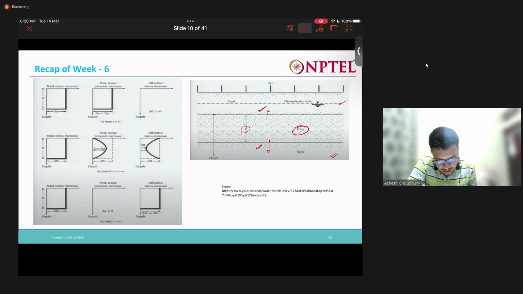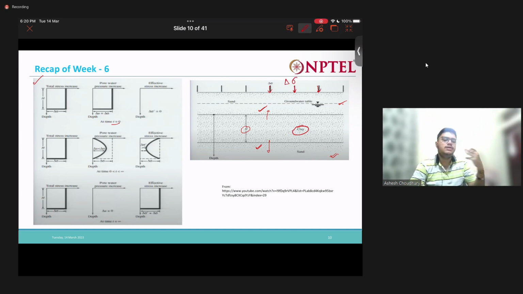Let us see some of the diagrams which are shown here, and what they actually mean. When time is 0, the initial time, you apply a stress here.